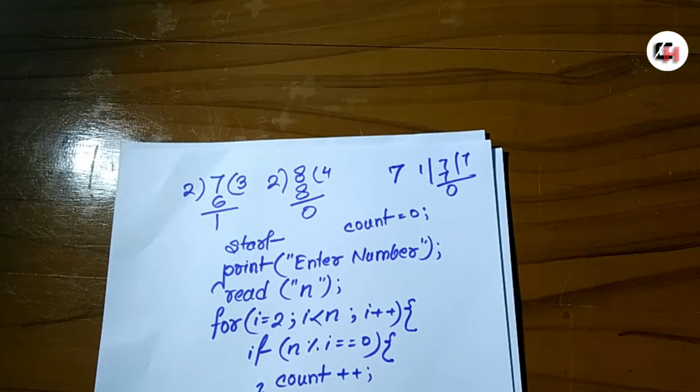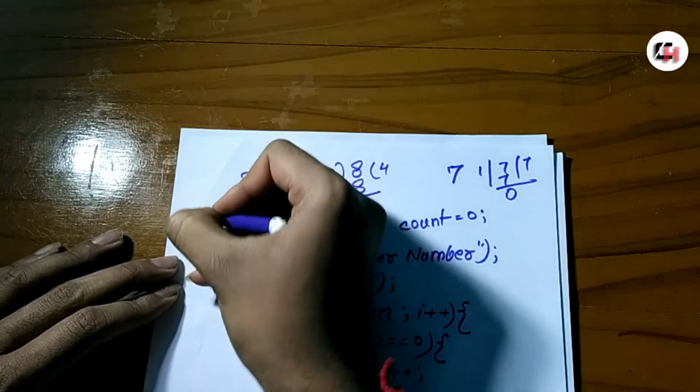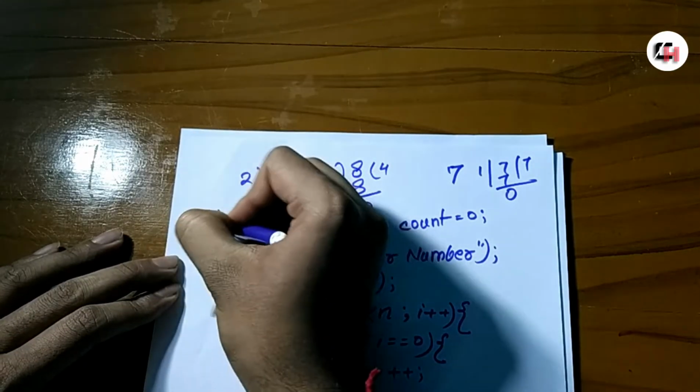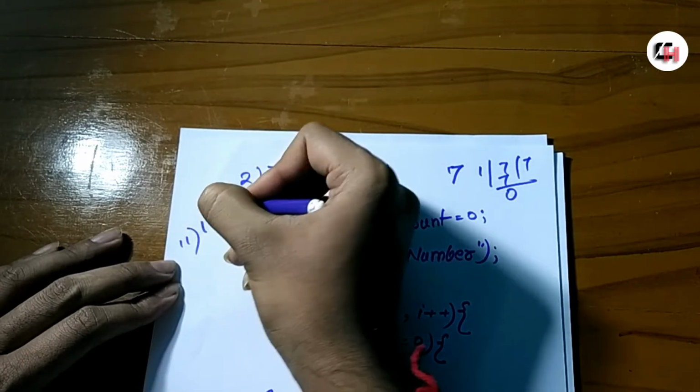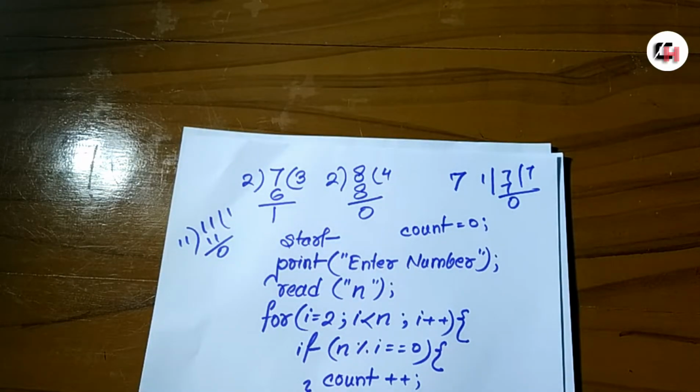That's why we did not take 1. And why did we not take the last value of i equal to n? The reason is, if we take any number like 11 and divide 11 by 11, the remainder will always be 0. That's why we did not take the last value of i equal to n.